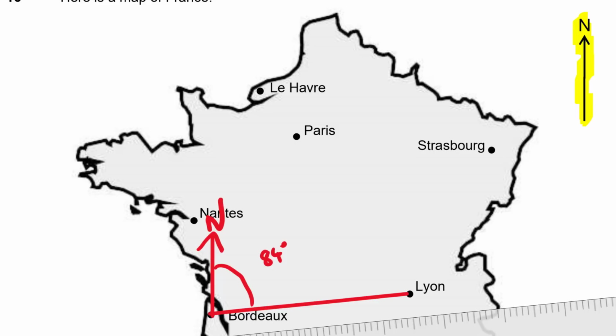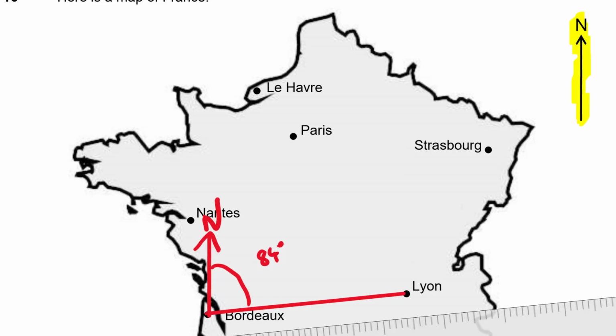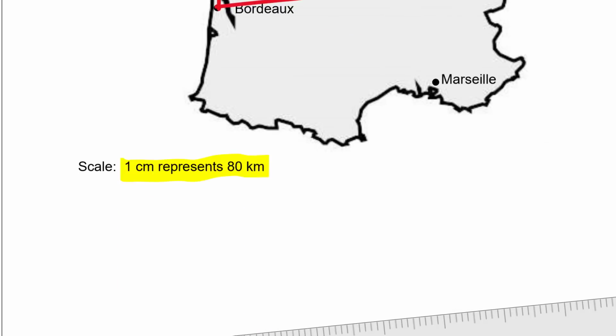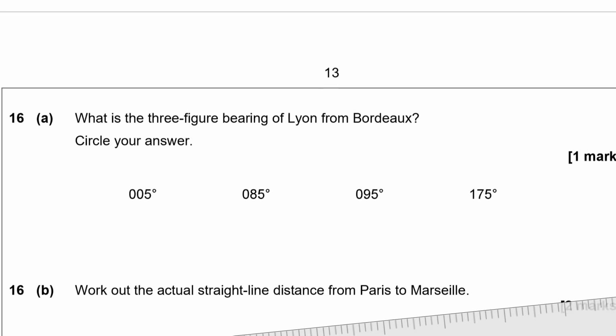And then to write that down as a bearing, 84 degrees has only got 2 digits. Okay, we haven't got 84. We've got 85 or 95 or 175 or 05. Okay, so I think that perhaps I was just a little bit out of my measurement. I'm going to say it's that one there, 085.